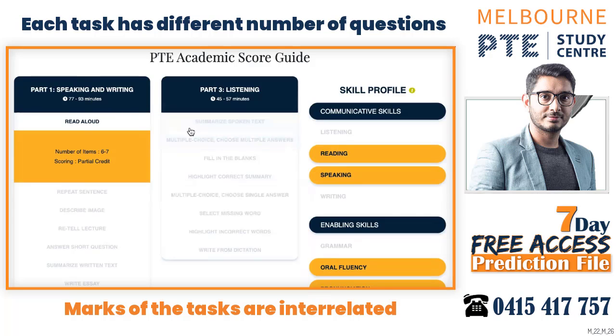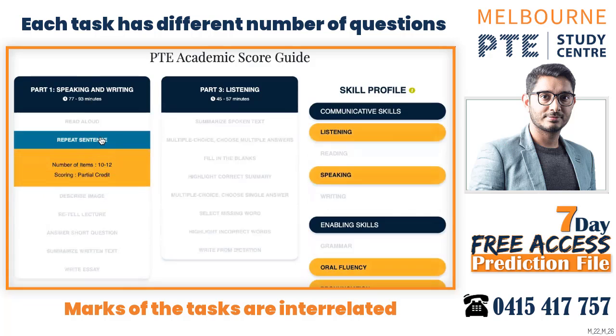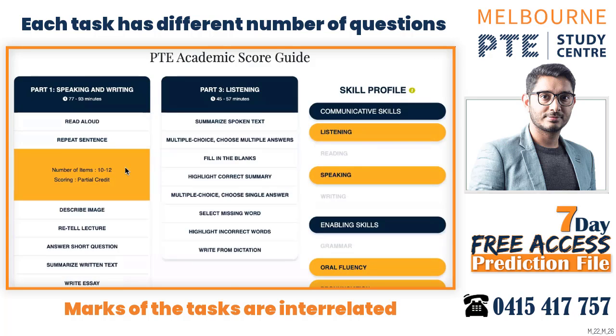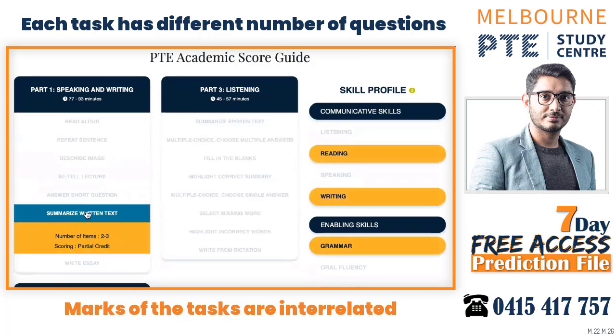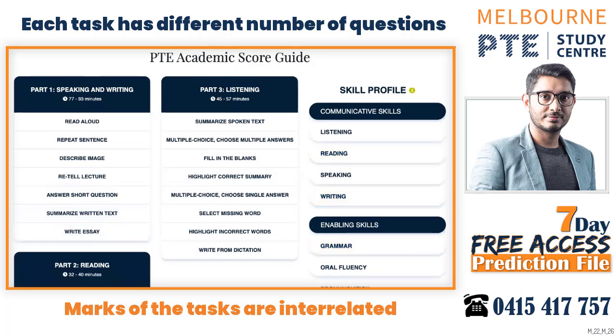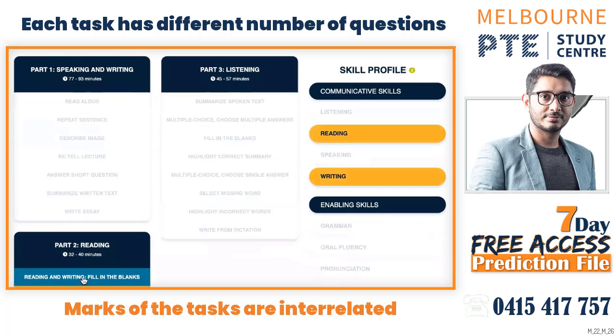All right, like that, across PTE, there are different tasks. For example, repeat sentence, again, your speaking task, but also contributing to your listening. Like that, if I go to writing, summarize written text, which we are going to cover today, it's a writing task, but it's also contributing marks to reading. Same thing, if I go to the reading section, you have fill in the blanks reading and writing here, although it's part of your reading, but look, it's contributing marks to writing.